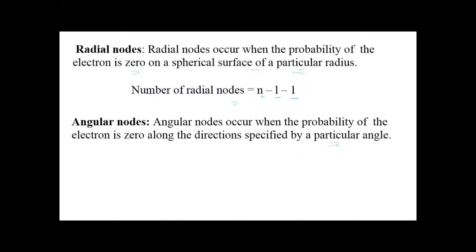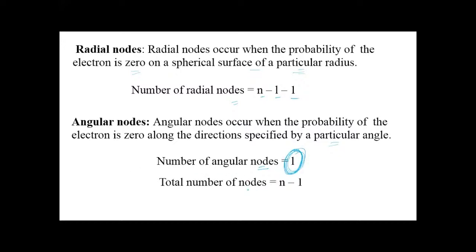The number of angular nodes is equal to L. Here L is the azimuthal quantum number. So the total number of nodes is equal to n minus 1.